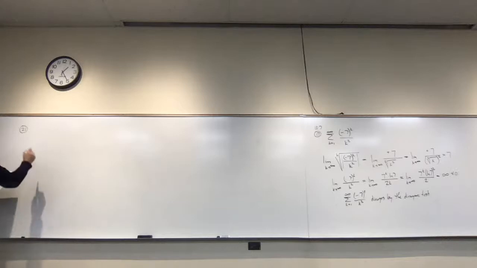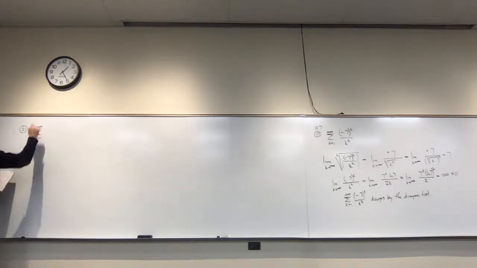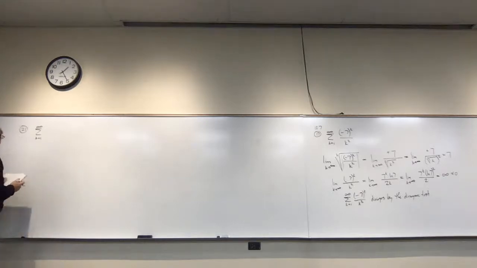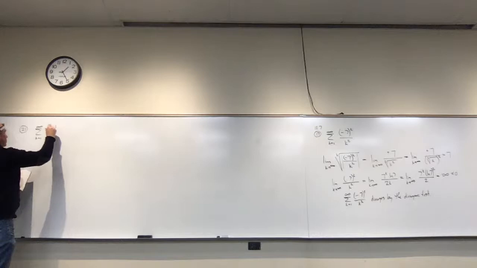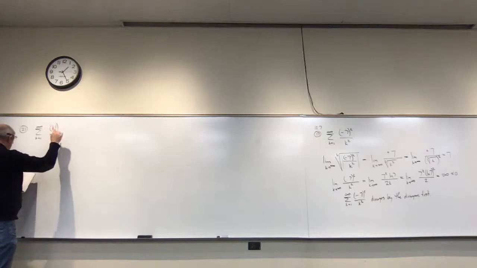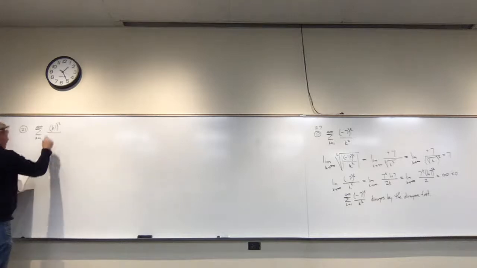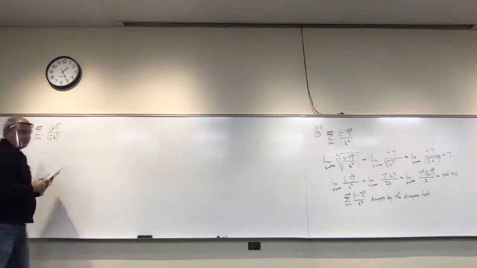So 21, we have the sum k going from 1 to infinity of k factorial quantity squared divided by 2k quantity factorial.